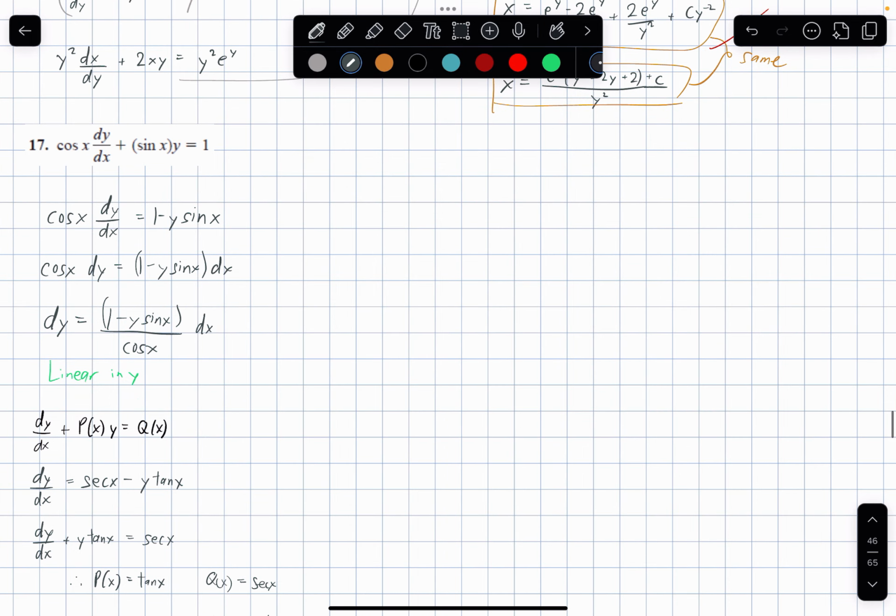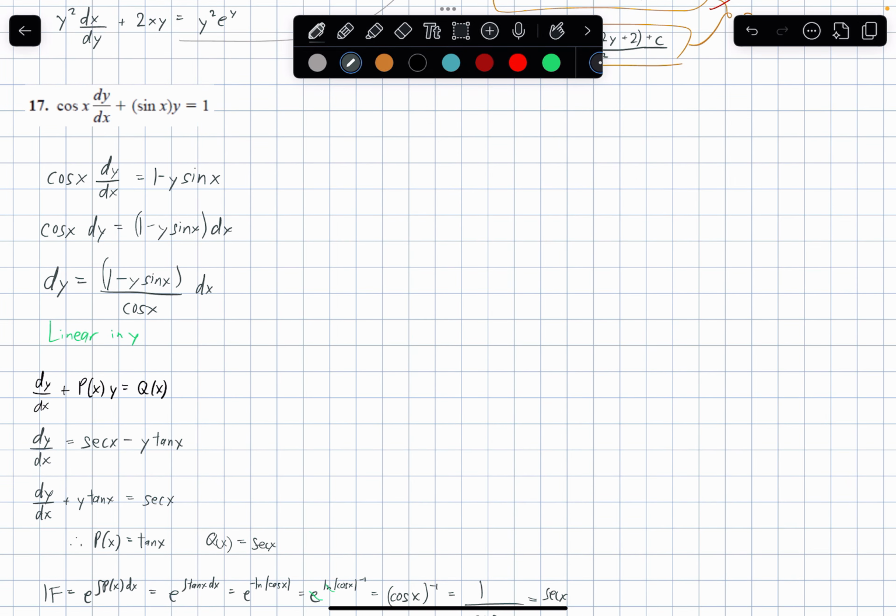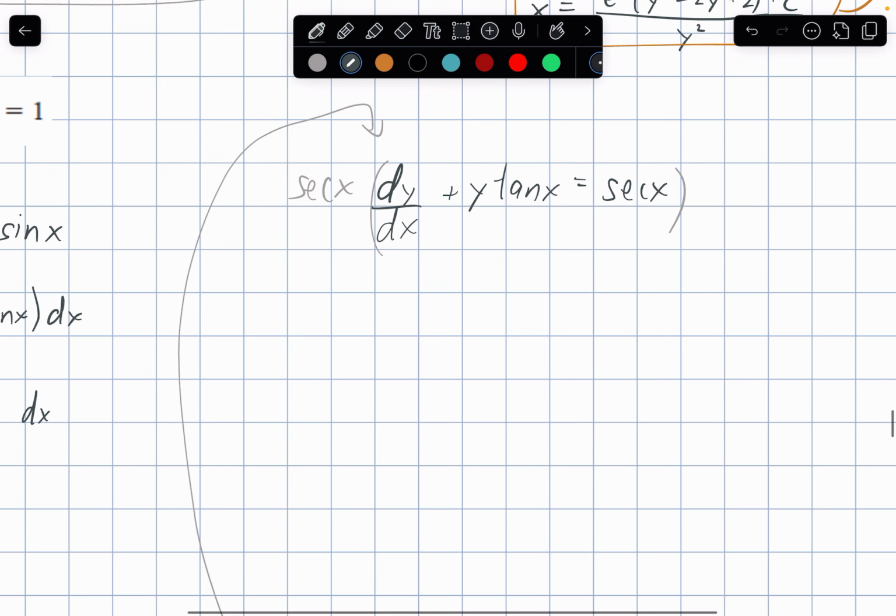Okay. So now, going back to the standard form, dy over dx plus y tangent x equal to secant x, times integrating factor secant x.